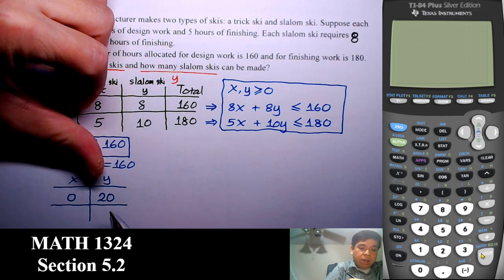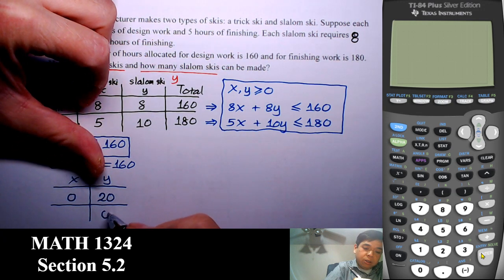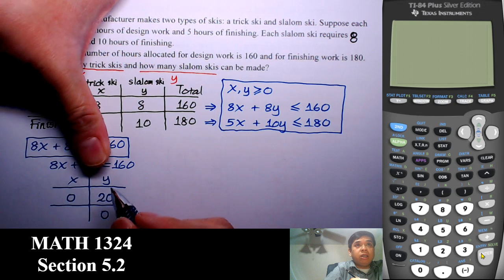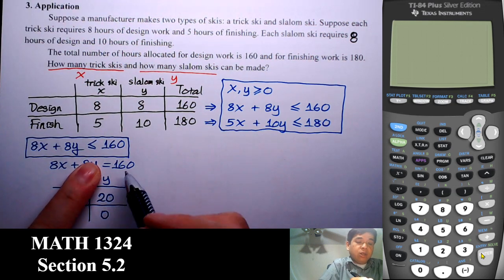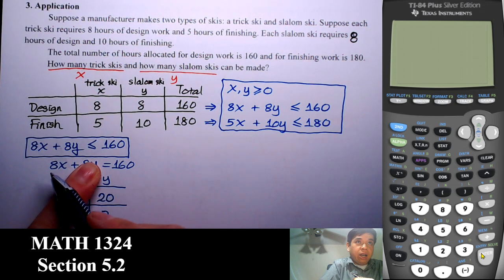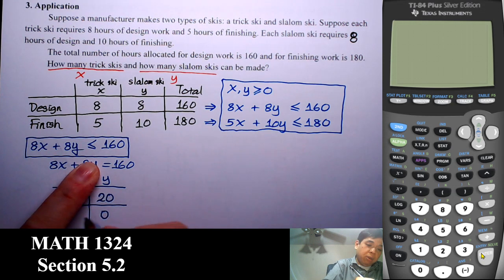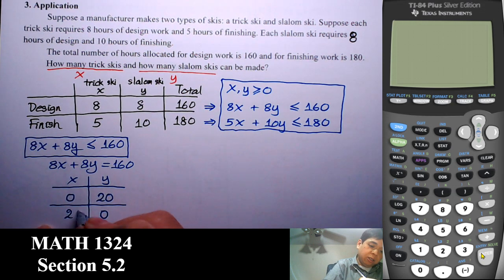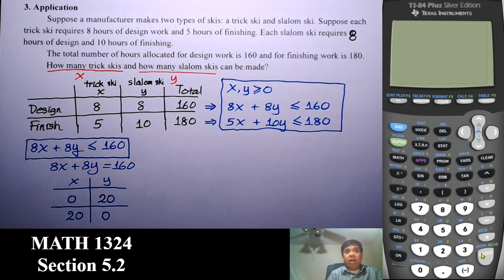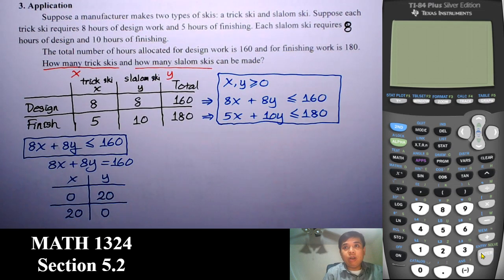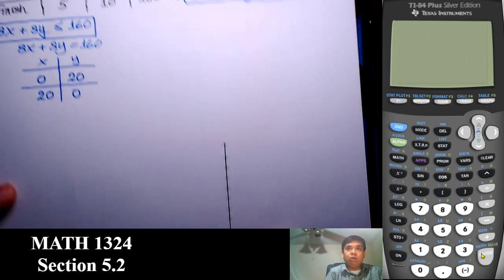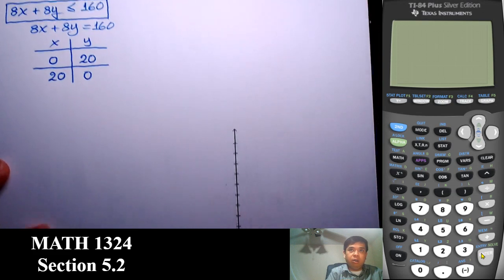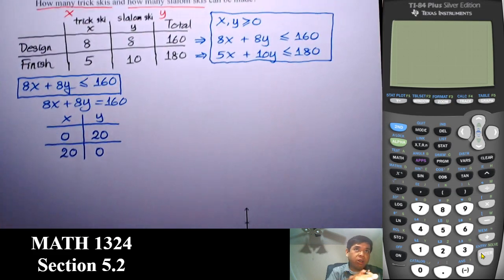Now y equals 0, 8x equals 160, so x is equal to 160 divided by 8, that's 20. Again, we're not going to graph it yet. We need to have all the points so we know what numbers are required on the axis. Just going to leave it like this.